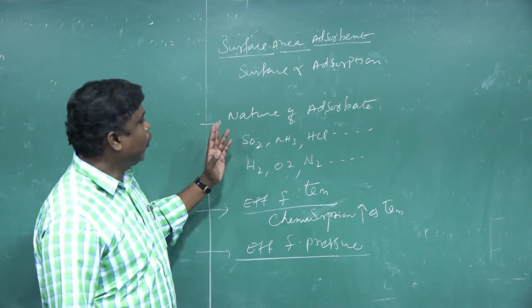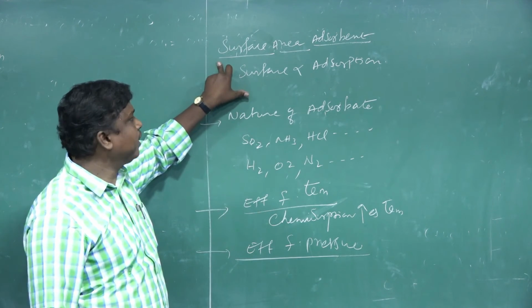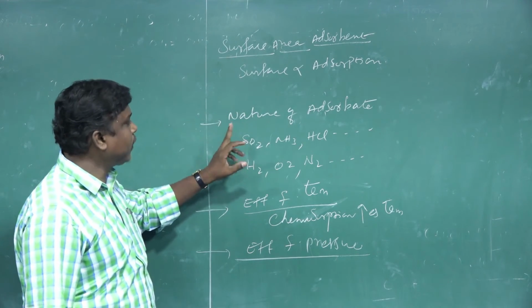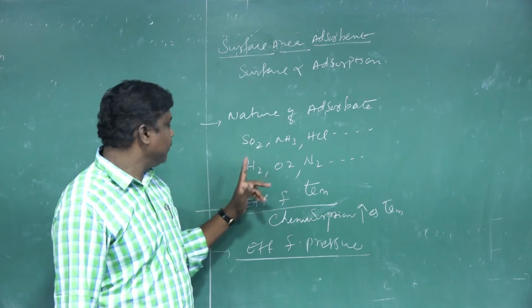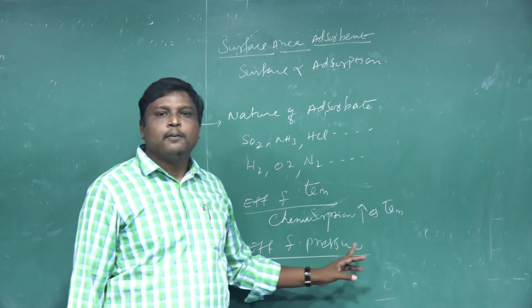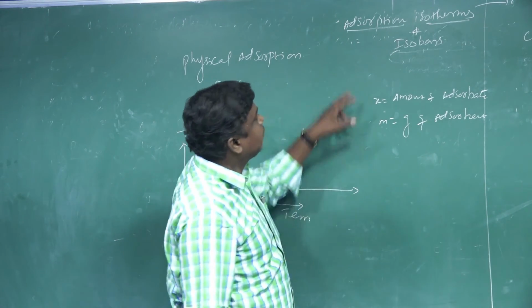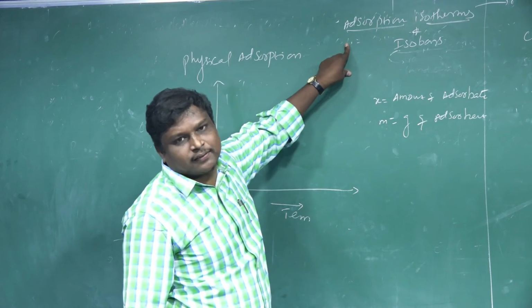Okay. There are four factors affecting adsorption. First, surface area of the adsorbent. Second, nature of the adsorbate. Third, effect of temperature. Fourth, effect of pressure. Next topic, adsorption isotherms and isobars.